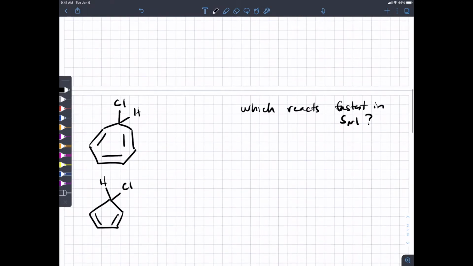To make that assessment, we will simply draw what the carbocation intermediate would be, because forming that carbocation is the rate determining step of the SN1 reaction.